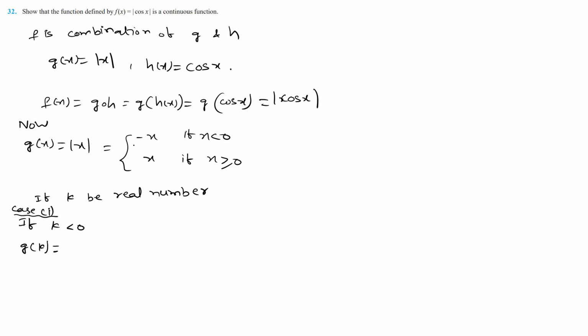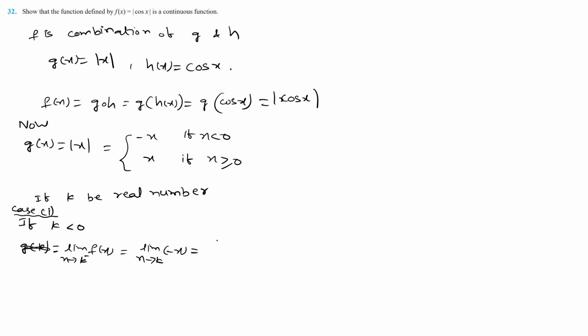So minus 0 means how much will you get here? The limit as x tends to k minus of f of x is equal to the limit as x tends to k minus of minus x.